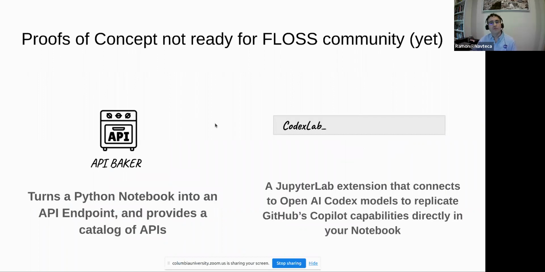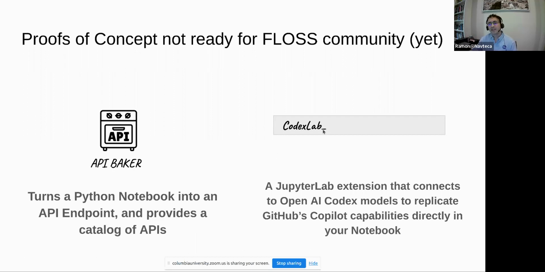Then we have two other extensions that are proofs of concept, but I really like them. One is API Baker. Somebody at NASA GMAO has been doing a proof of concept to distribute an air quality model they have built. API Baker allows you to turn any Python code in a notebook into an API endpoint.